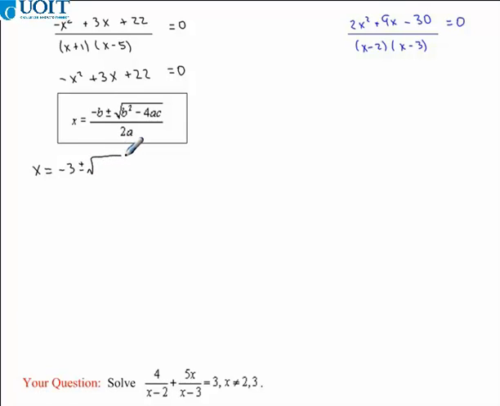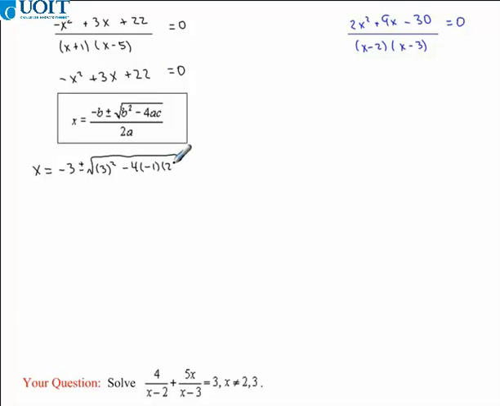Now we're going to have the square root of b squared. Our b was 3, so I'm just going to put this in brackets. You don't need them though. 3 squared minus 4 times a. Our a is found in front of our x squared, which is negative 1. So 4 times negative 1 times c, which is positive 22.